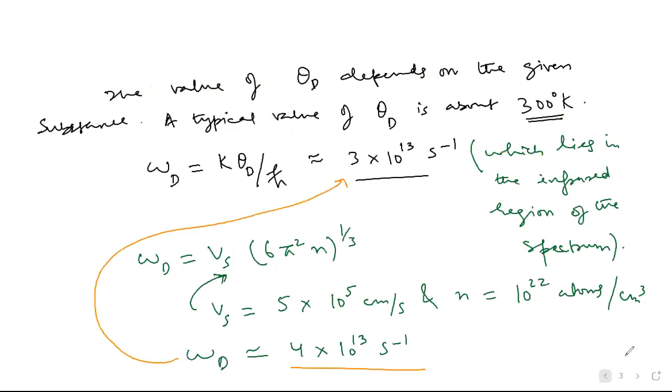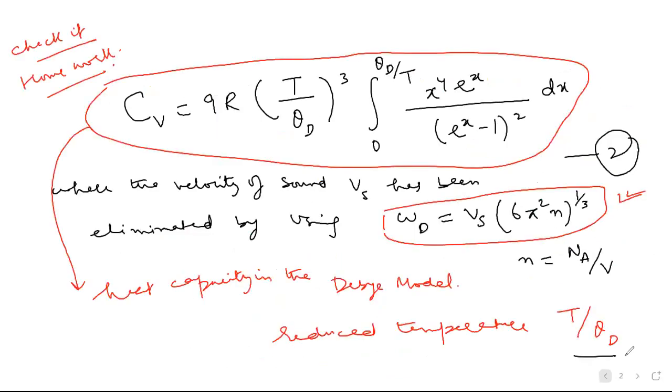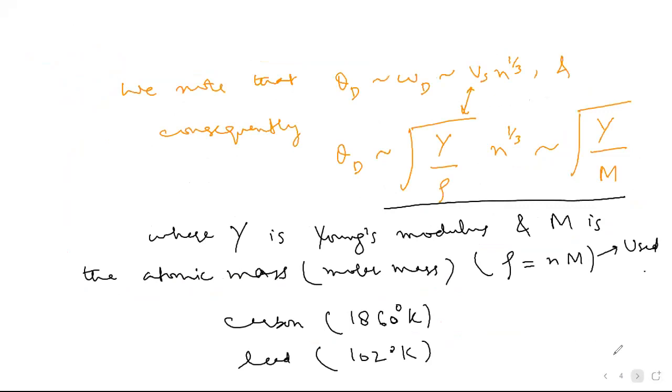Let us now move back to this equation 2 for heat capacity in the Debye model. Now we can demonstrate that equation 2 gives us the correct values in the approximate temperature limits. Let me write it.